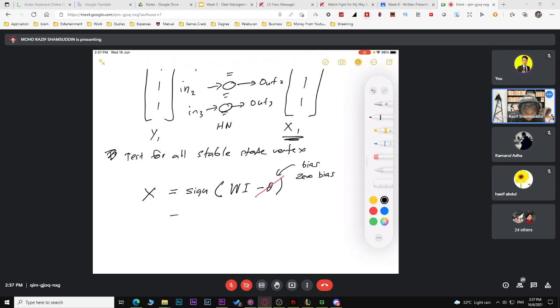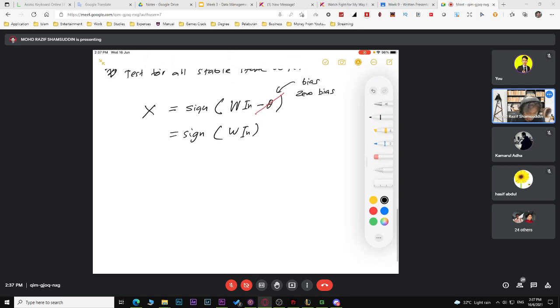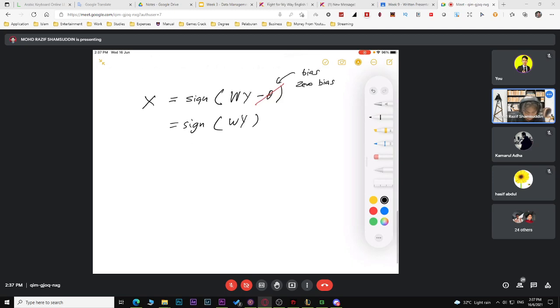So now we have a simplified equation, which is sign of weight times input. This is not the identity matrix, this is the input. So let me change it so you don't get confused. I put Y here. What is Y?